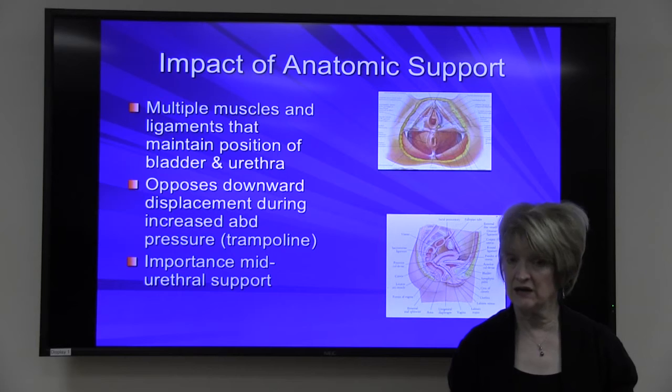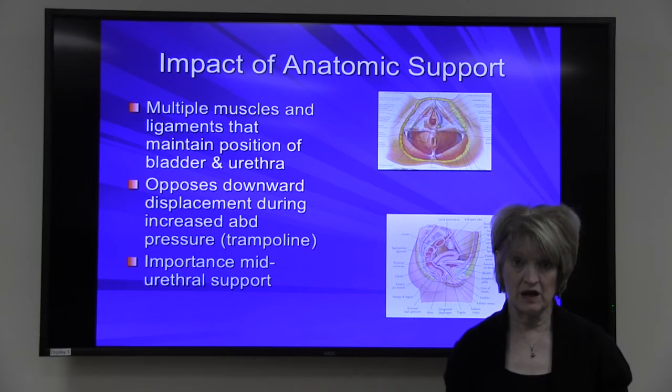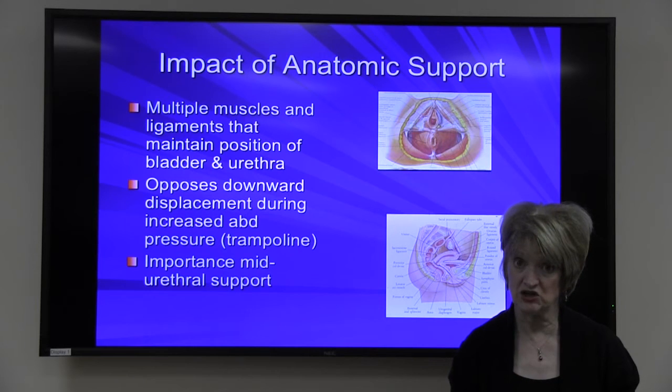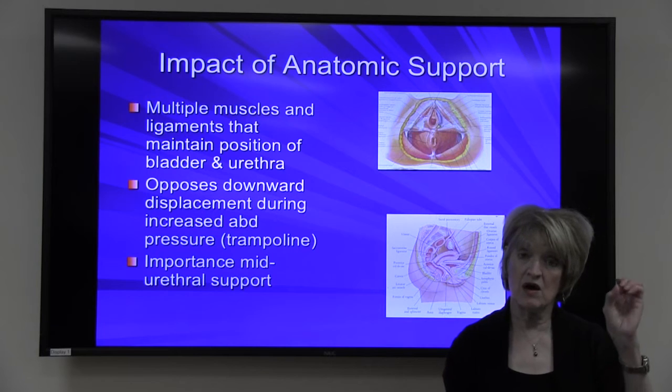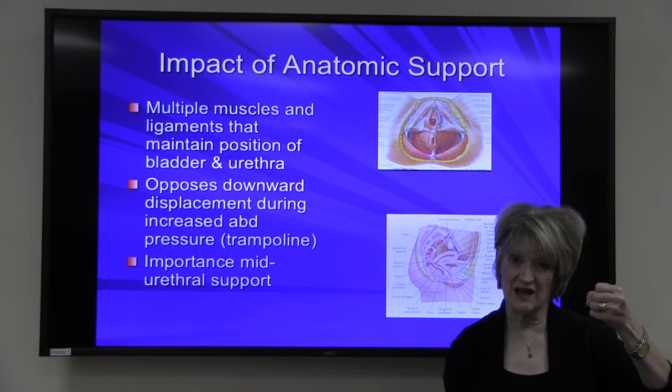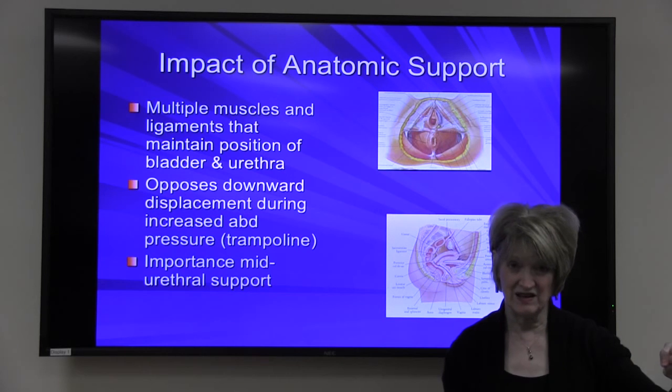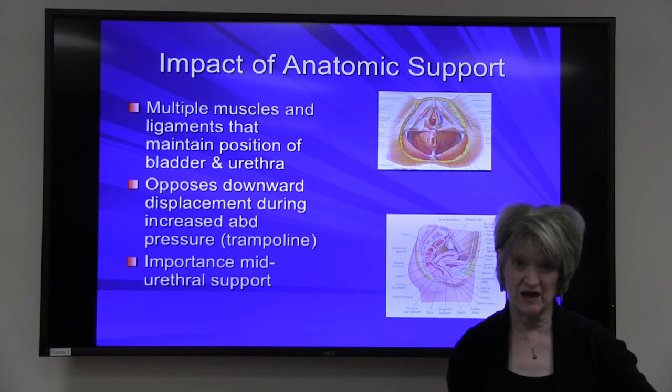What's going on? I didn't leak 10 years ago, but I'm leaking now. And it's probably a combination of things. First of all, now I'm postmenopausal, so my vascular cushion isn't as thick and plump and doesn't convey pressures as effectively as it did 10 years ago.